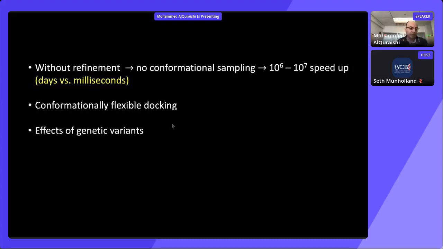Another area which I'm certainly very excited about is modeling the effects of genetic variation. So how do mutations impact the structure and then ultimately function? This is an area where we haven't assessed our method much, I should be upfront, but certainly no one's assessed AlphaFold2 either, so it's a bit of a gray area.